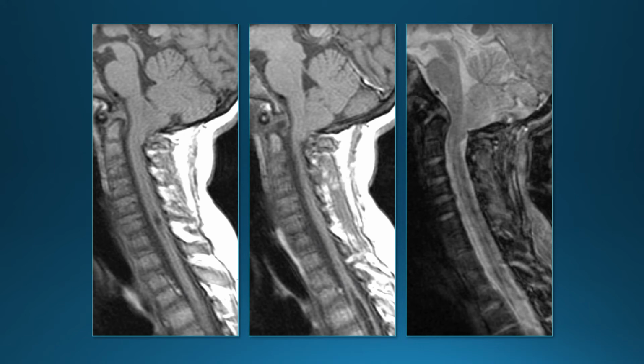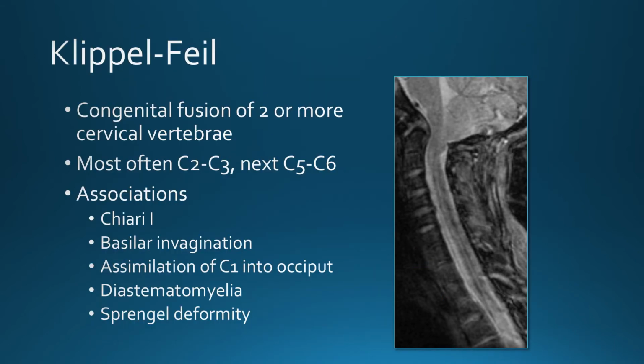This may not be that obvious here, but these two vertebrae are fused. So this patient has fusion of cervical vertebrae and maybe down here as well. So this is a Klippel-Feil, which is congenital fusion of two or more cervical vertebrae. Most often fused are C2-3 and second most common C5-6.